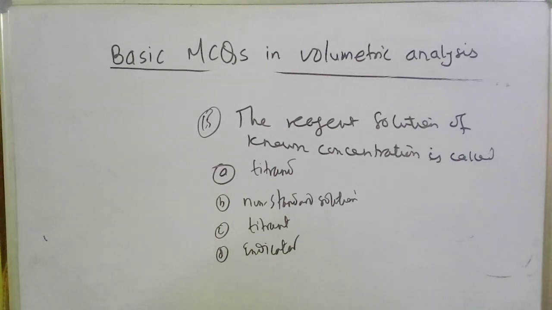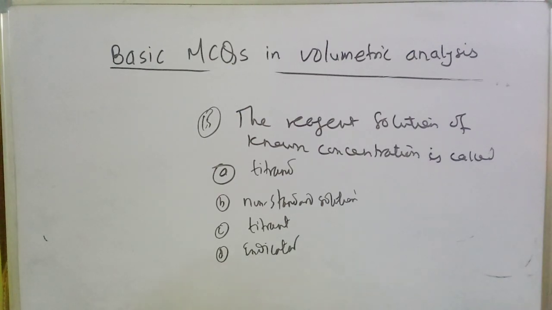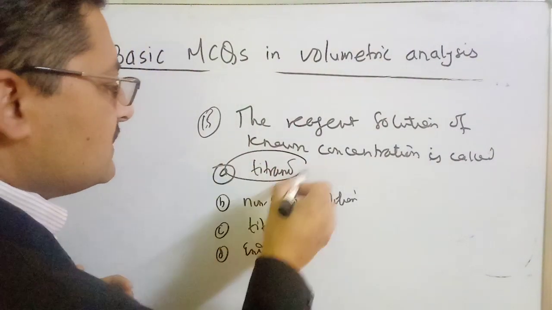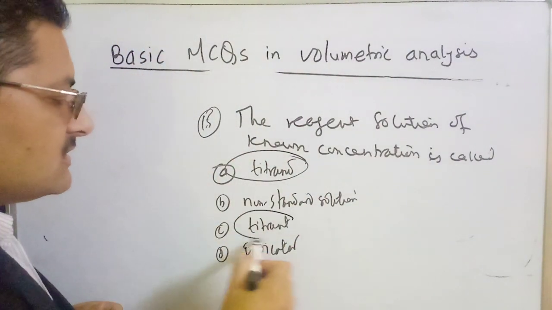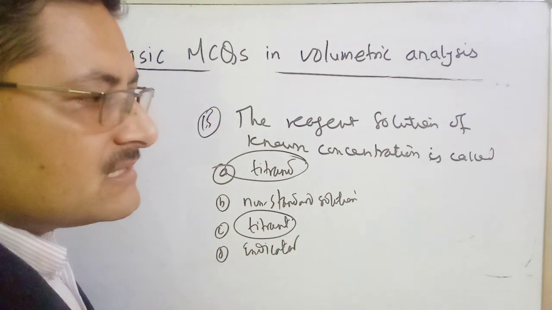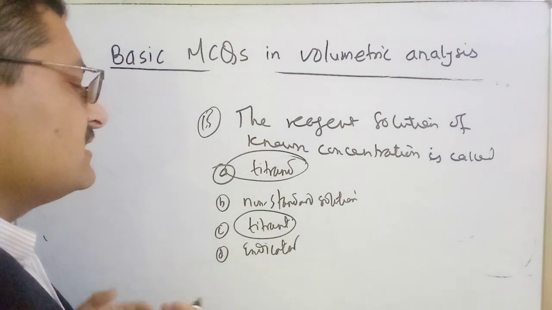So the reagent solution whose concentration is known is definitely called standard solution, and the solution whose concentration is unknown is known as titrand. Titrand is the substance whose concentration is unknown during titration, and titrant is the substance whose concentration is known. The indicator is definitely not a reagent because it is a third substance that is used to indicate the equivalence point. It is definitely not a non-standard solution.